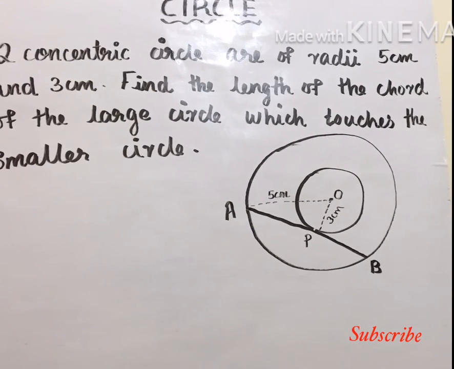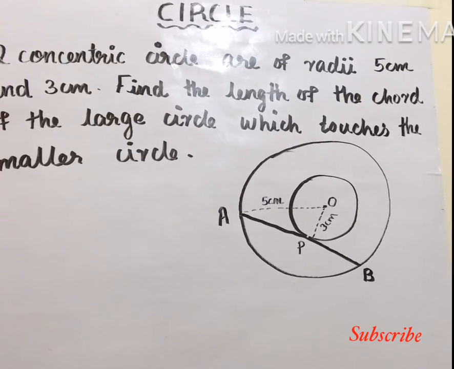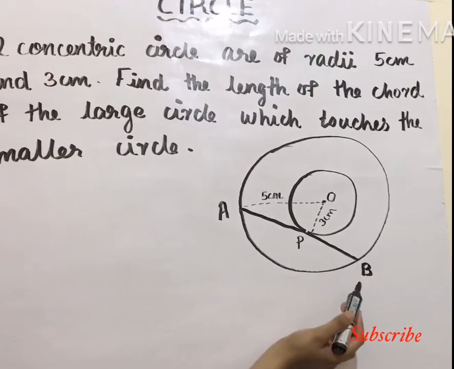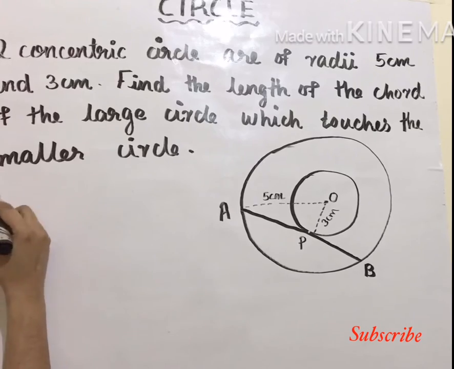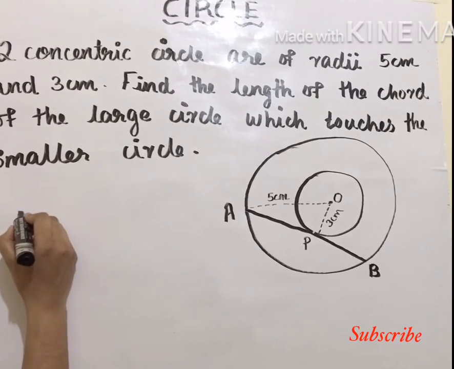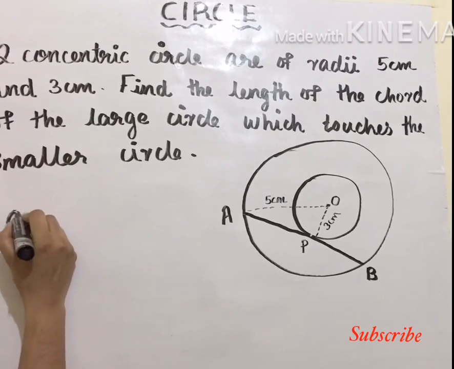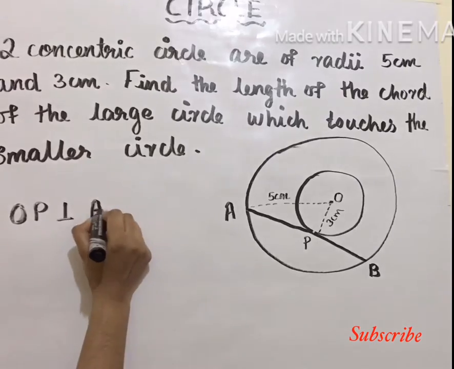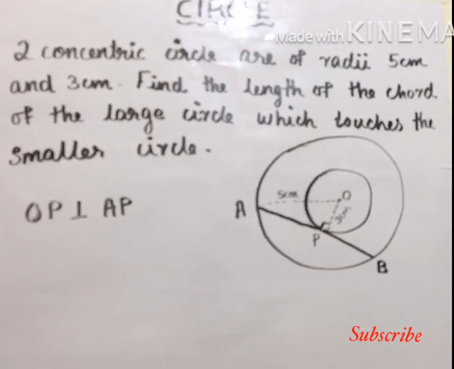OP is the line drawn from the center of the circle to the tangent AB, so it is perpendicular to that tangent. So OP is perpendicular to AB, and this angle is 90 degrees.